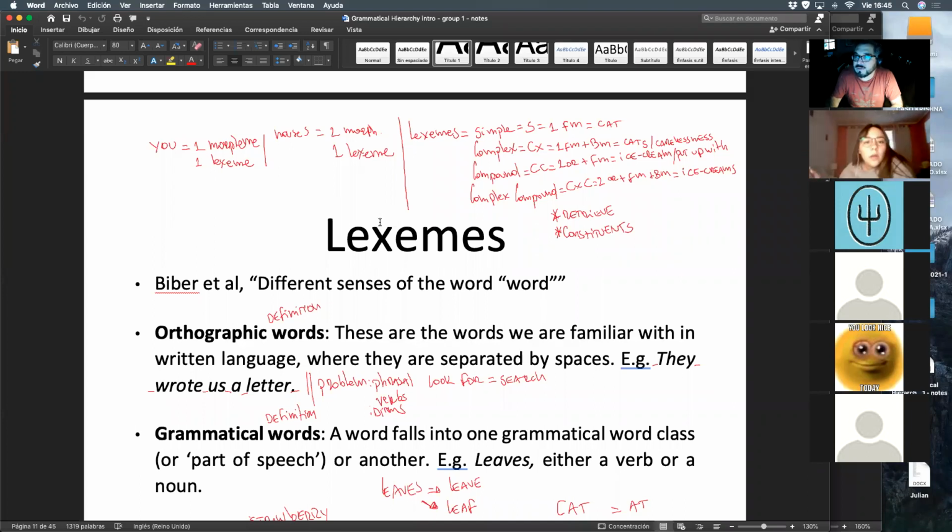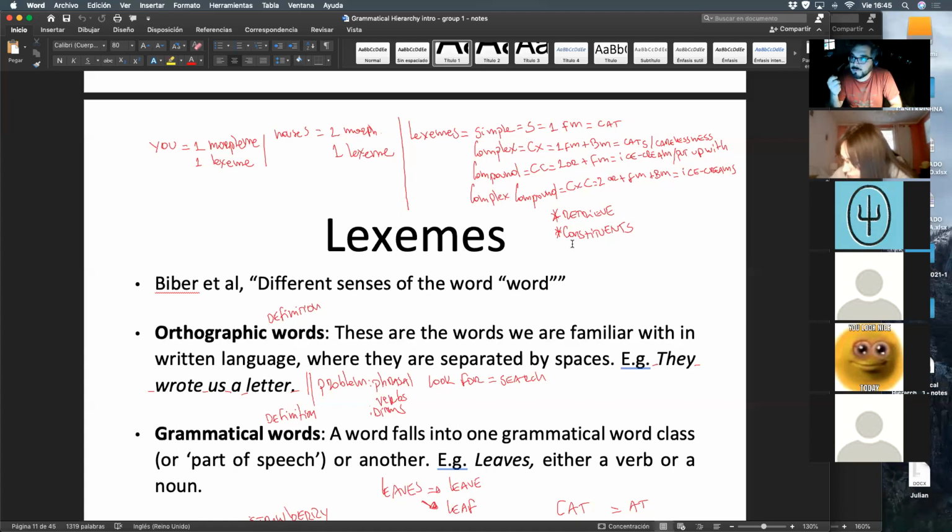A lexeme can be considered to be complex if it is built by one single free morpheme plus bound morphemes. How many? A lot of them, or just one, more than one, right? One or more. A lexeme will be considered to be compound if it is built out of two or more free morphemes. The example would be, for example, ice cream.